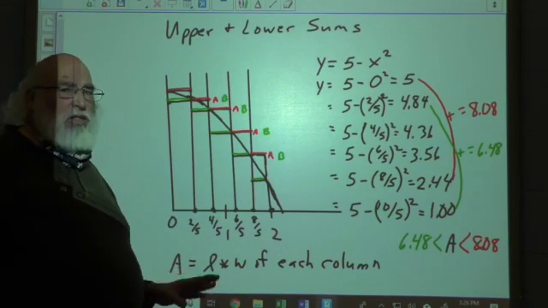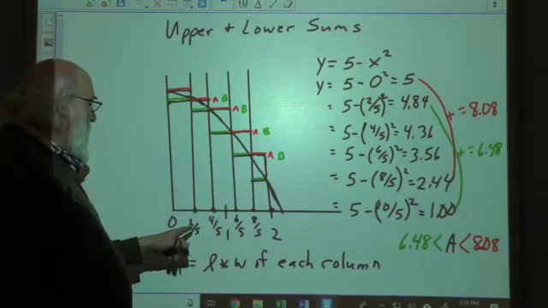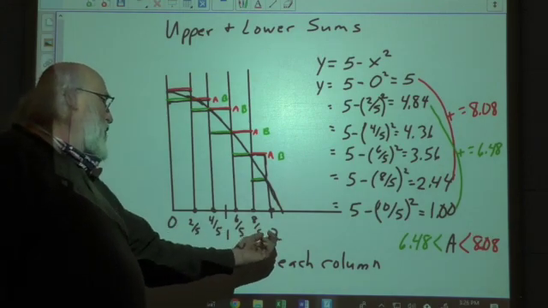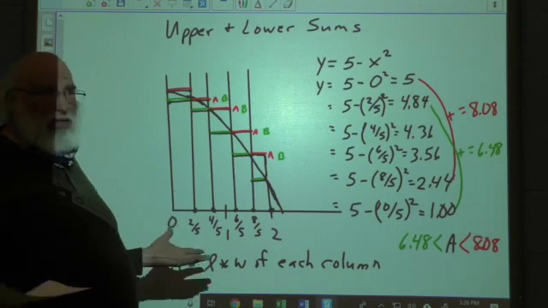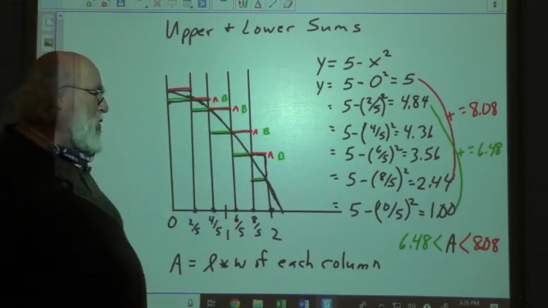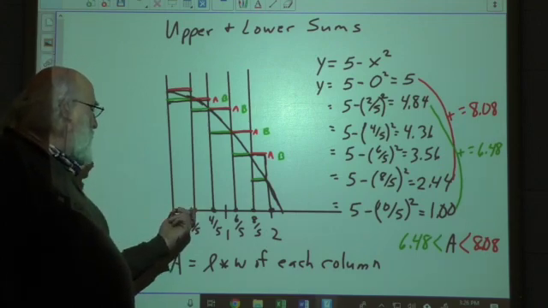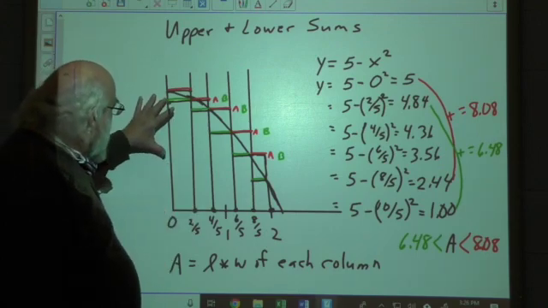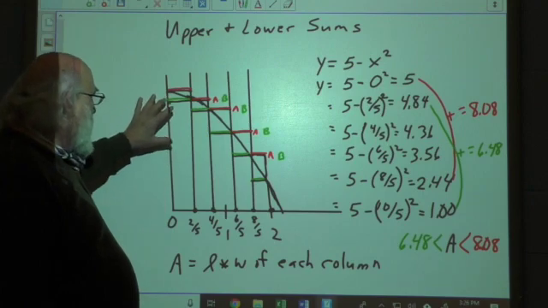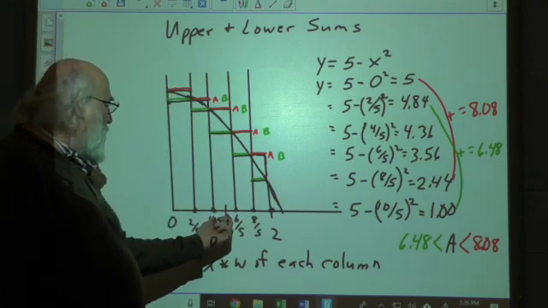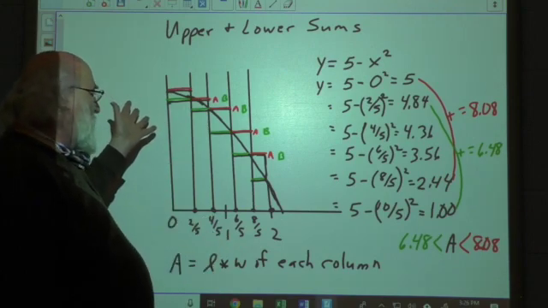They must be equally spaced. So this is 2/5, 4/5, and so on, because we took 10/5 and divided it into 5, which is 2/5. Everything's 2/5 apart. To find the area, we take 2/5 times the height of each of these columns, for the green and for the red. Since these are all 2/5, they're all multiplied by 2/5.